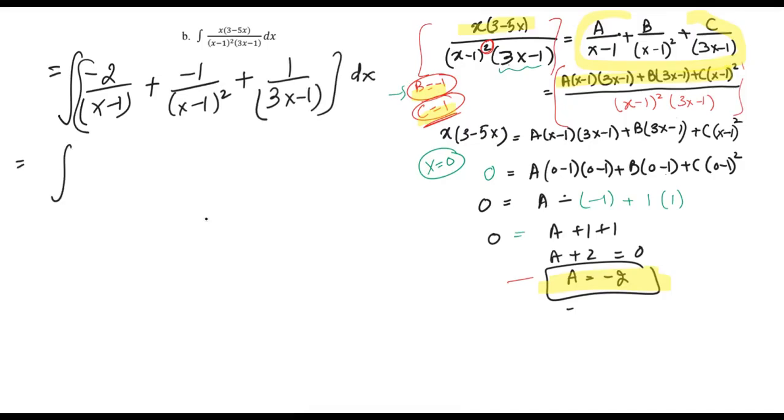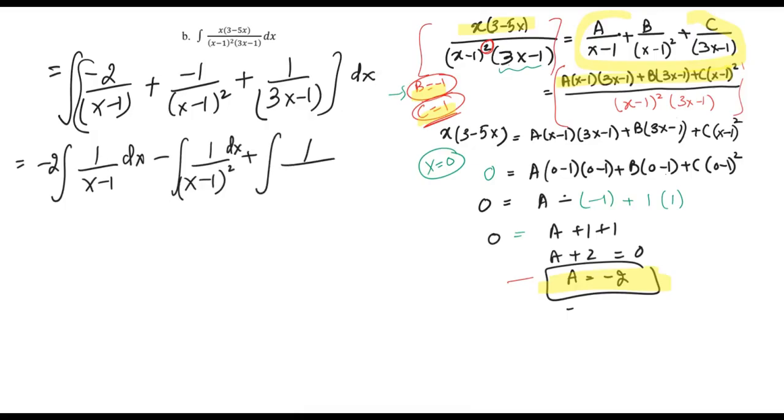We can separate those integrals out. Negative 2 integral of 1 by x minus 1, negative 1 by x minus 1 whole square with respect to x, integral 1 by 3x minus 1 with respect to x.